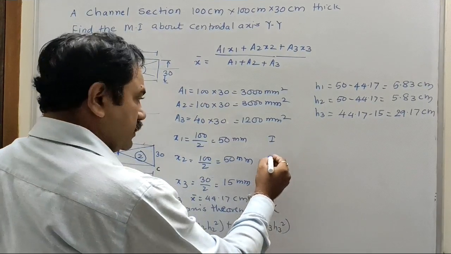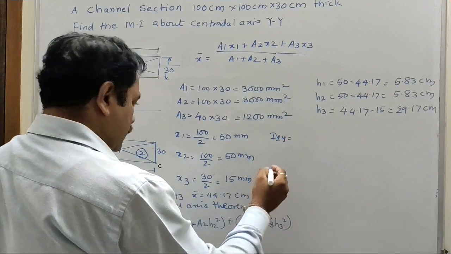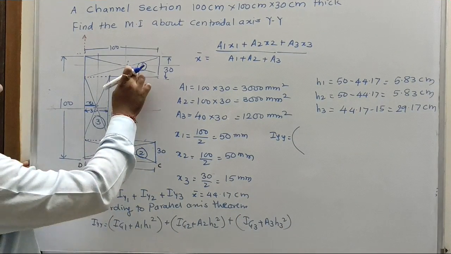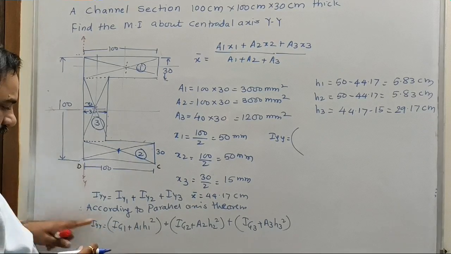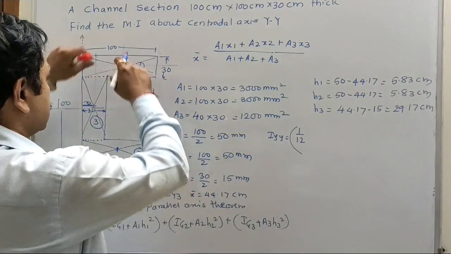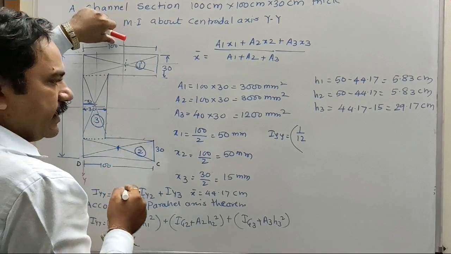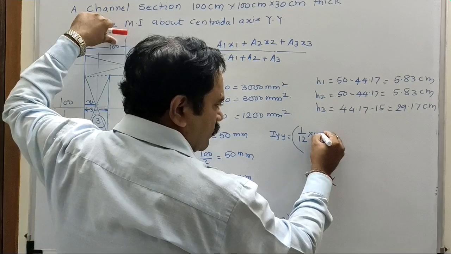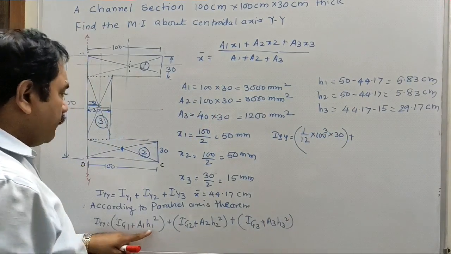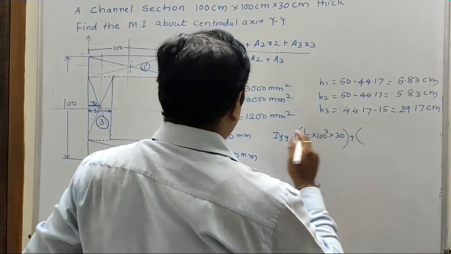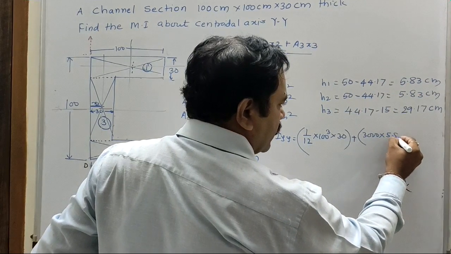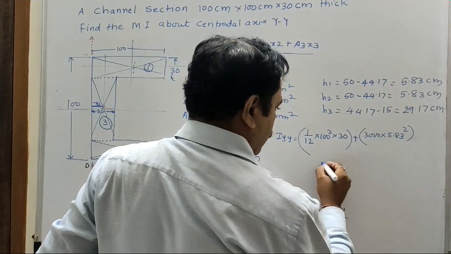Now put these values in the parallel axis theorem. IG1 is the moment of inertia of the first rectangle at its centroidal axis. So it is 1 by 12. Now we are considering the y-axis, so the vertical dimension cut is 100. So 100 cube into 30, plus A1 H1 square, area 3000 into H1 5.83 square.